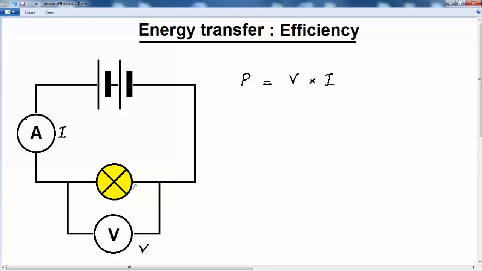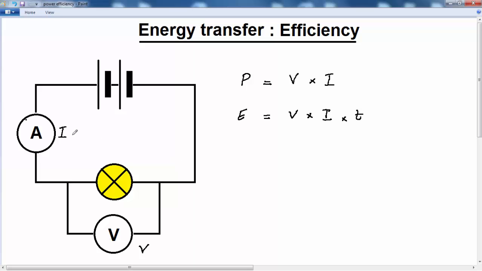And we also remember that in some given time t, the energy transferred to that light bulb is equal to the power times the time. That's equal to V times I times t.